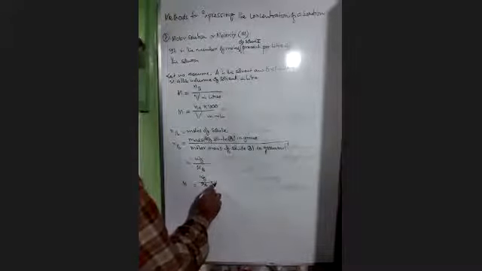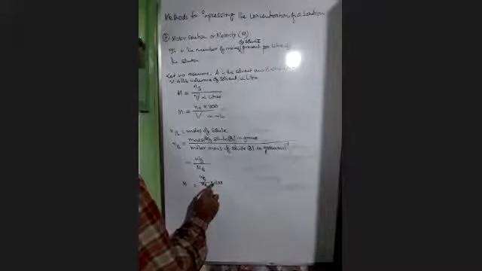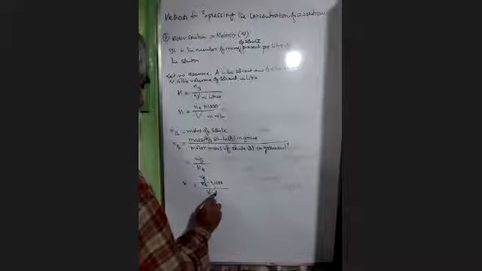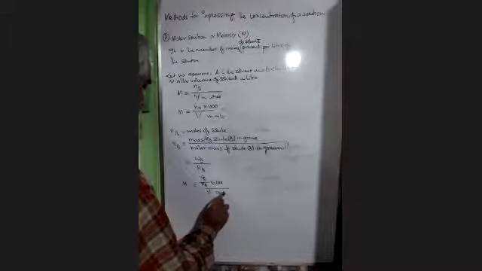Therefore M is equal to WB by MB into 1000 divided by V in ml.